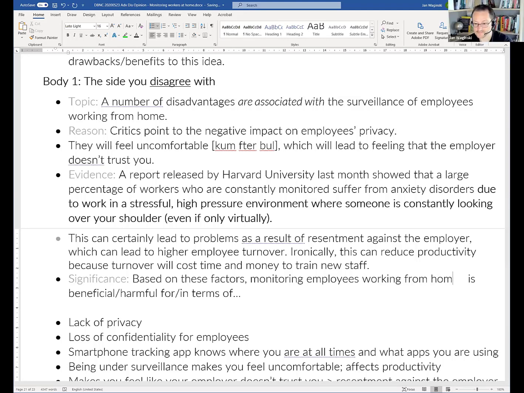It's a little bit repetitive, so we need to paraphrase this. But based on these factors, monitoring employees working from home can be harmful for both sides, right? Yeah. Companies and workers.